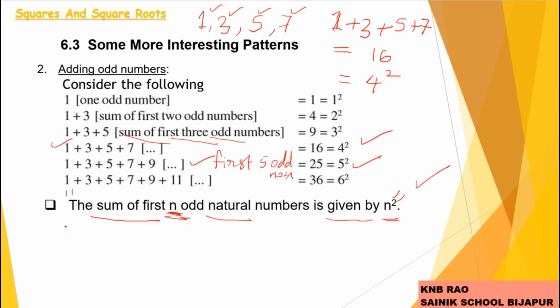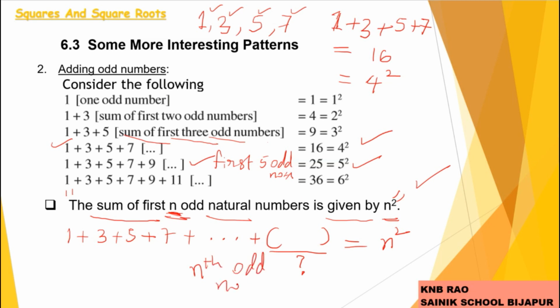This is the property which we have learnt. But the question arises, who will be that nth odd natural number?